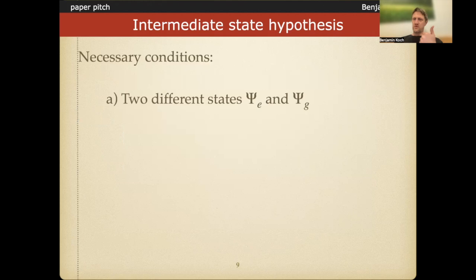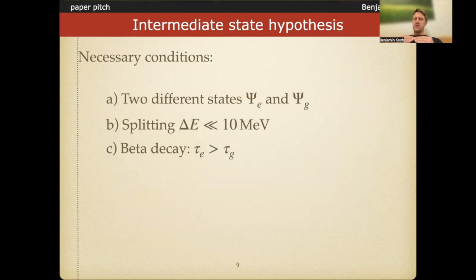First of all, you need two different states, Psi and Psi ground state. You need the energy splitting between the two not too big, because you need to produce it in the nuclear decay, so far smaller than 10 mega electron volt. You need a beta decay which is different for the excited and the ground state. And the strange thing is that the excited state should actually live longer than the ground state.